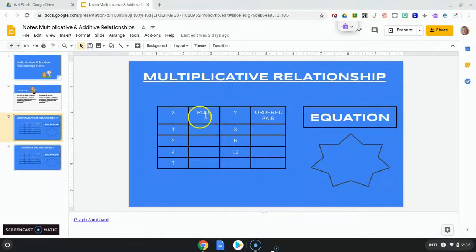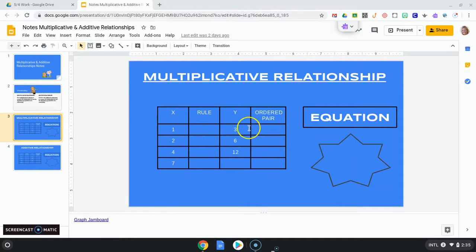So to get from 1 to 3, or from 2 to 6, or from 4 to 12, the easiest way is to take your Y values and divide them, or if you know what times 1 is 3 or what times 2 is 6. But if you don't know that, then the easiest thing to do would be 3 divided by 1, 6 divided by 2, 12 divided by 4, and that will give you your number.